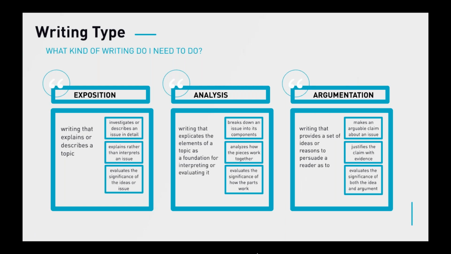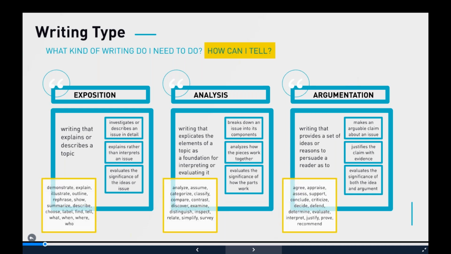Once you have these pieces, you can go into thesis creation. You'll be able to use these action words that tell you what kind of writing you need to do to think about what kind of thesis you need for your paper. So you can see in exposition writing, there are words like demonstrate, explain, illustrate, rephrase, summarize, describe, which are very different from the analytical words, such as assume, categorize, contrast, distinguish.